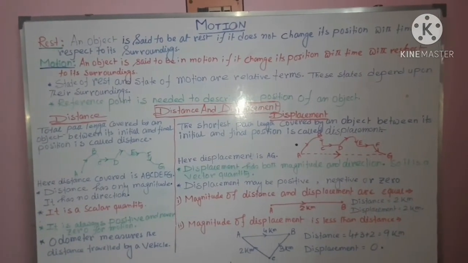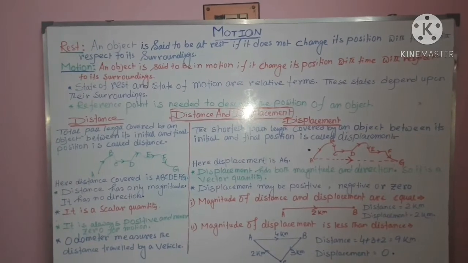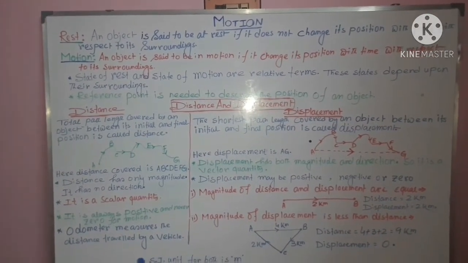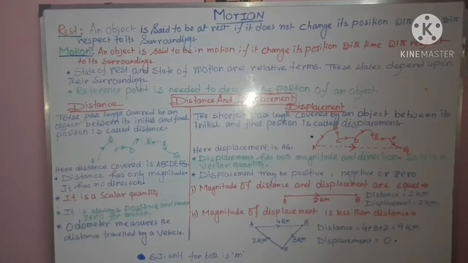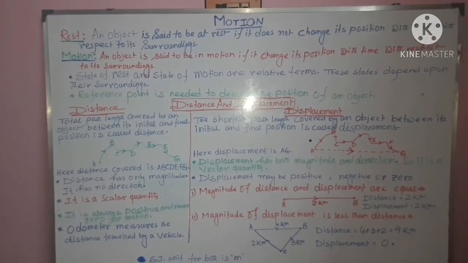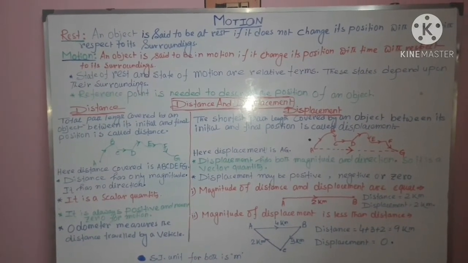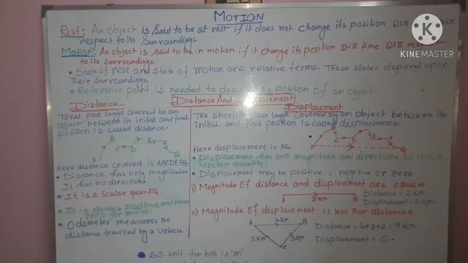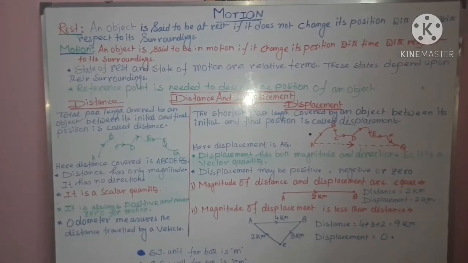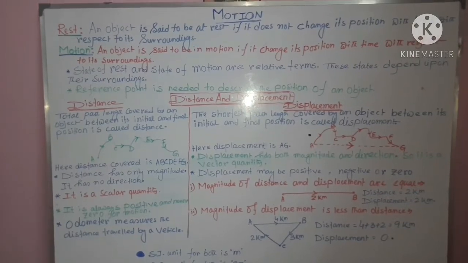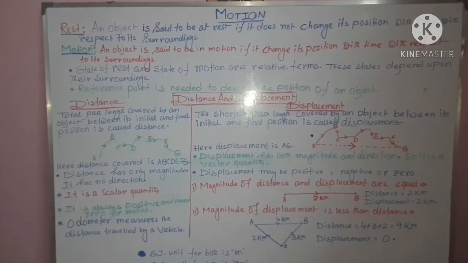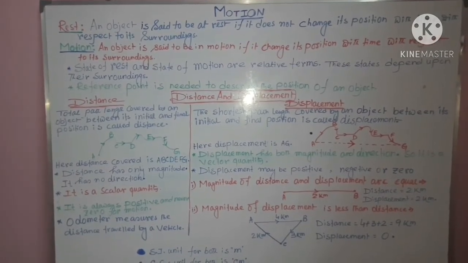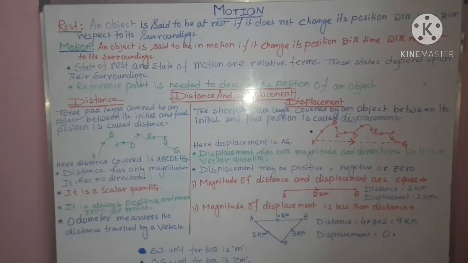Now, how can you explain that rest and motion are relative terms? To explain this, you have to take an example. Suppose you and your friends are inside a bus which is in motion. In this situation, if you observe your friend, you see that your friend is at rest. But for the person who is standing outside the bus, your friend is in motion.